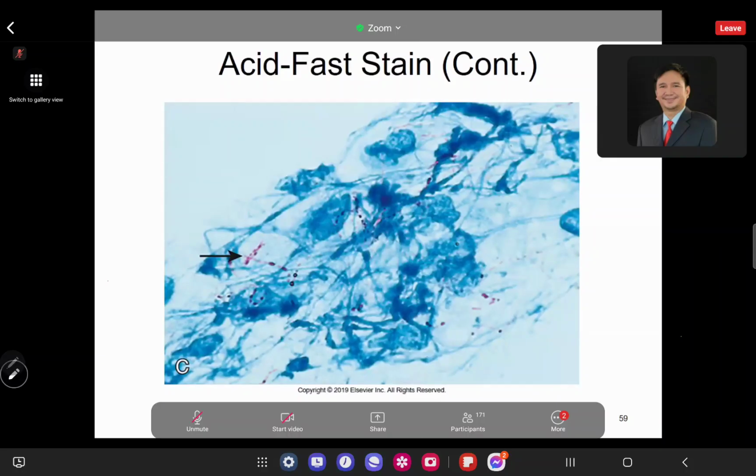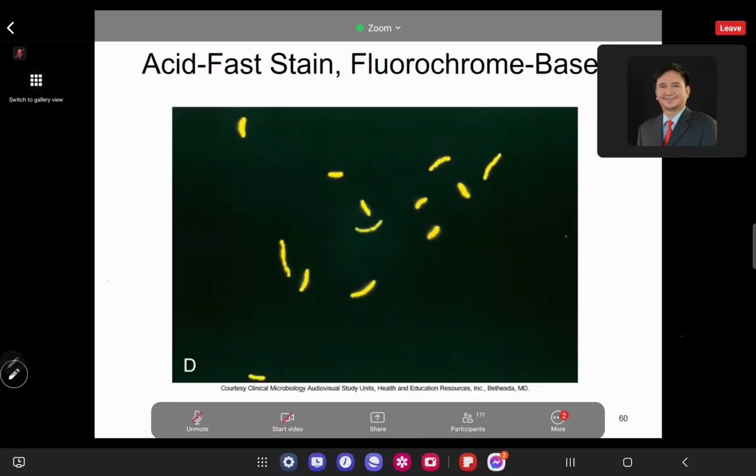Now, guys, is this positive for acid-fast or negative? It is positive. Look at the bright red structures. So these are your acid-fast bacilli, Mycobacterium tuberculosis. How about this one? What staining technique has been used?